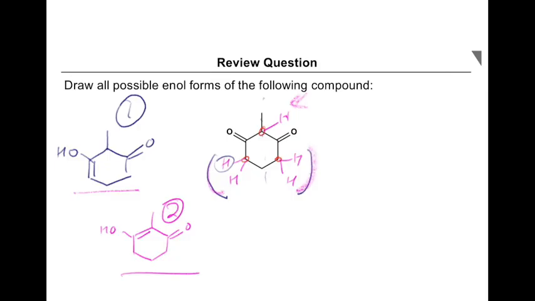I could go from number 2 and make this one, leaving the OH in place. That's now promoting over here. From compound 1, I could make this one, removing that center.